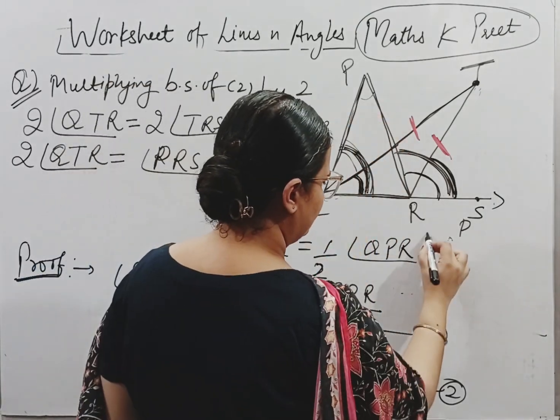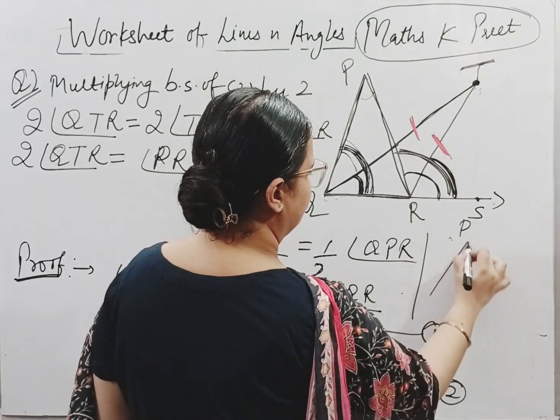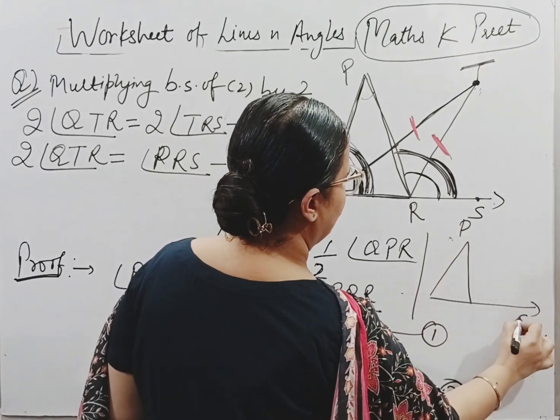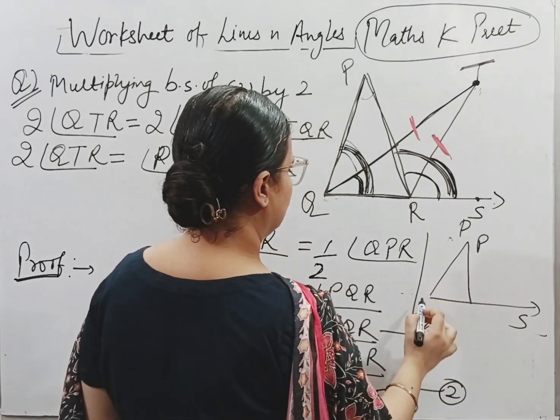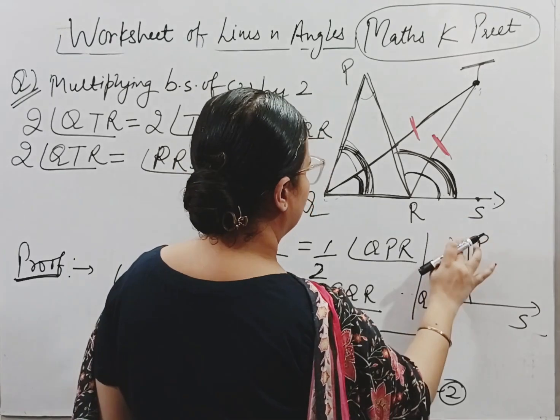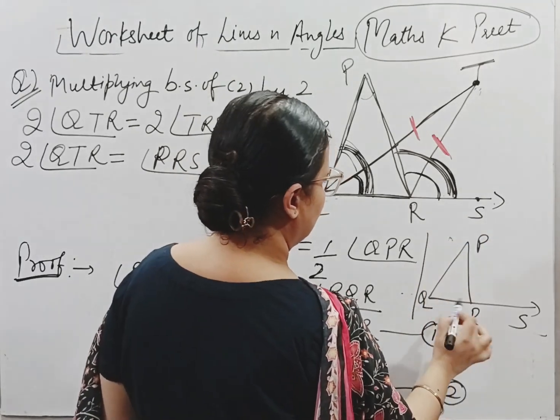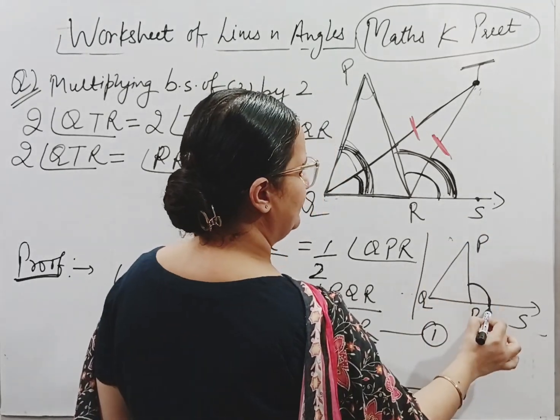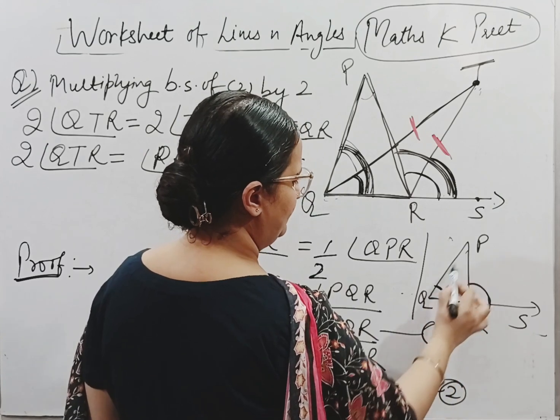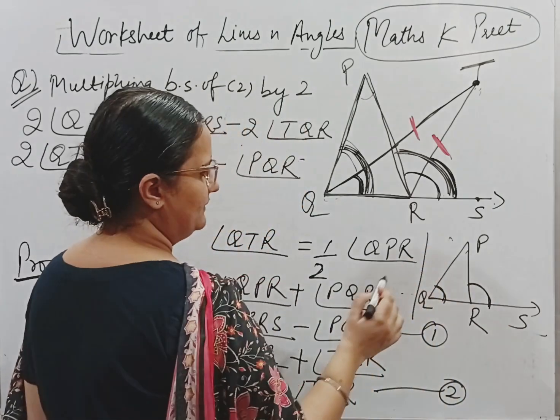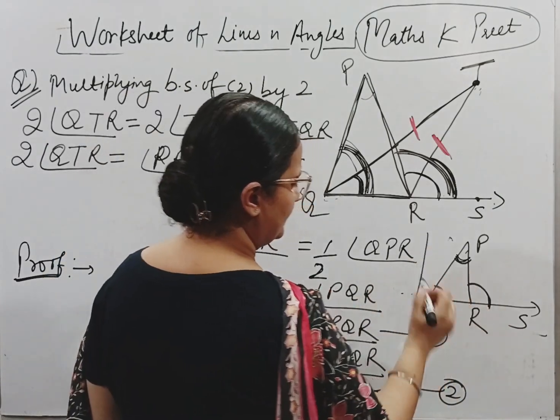See how? I have this figure. This is S, this is P, this is Q, this is my R. So what I am saying, angle PRS minus angle PQR, I will have this angle QPR. How?